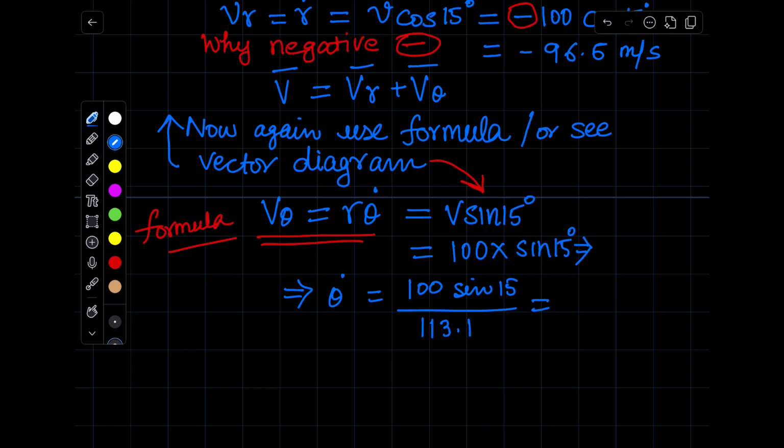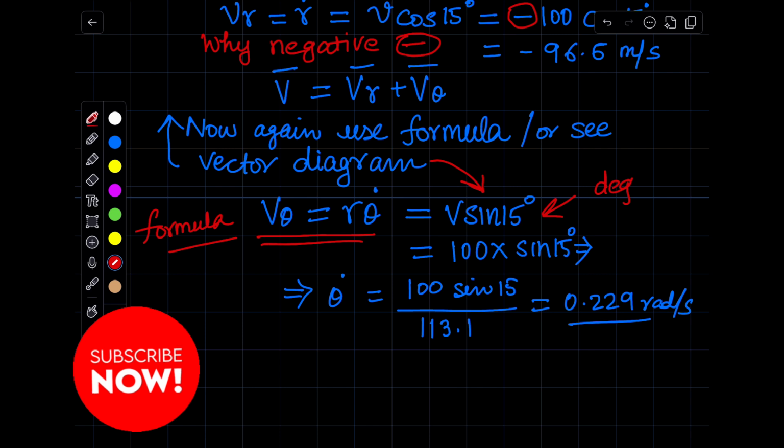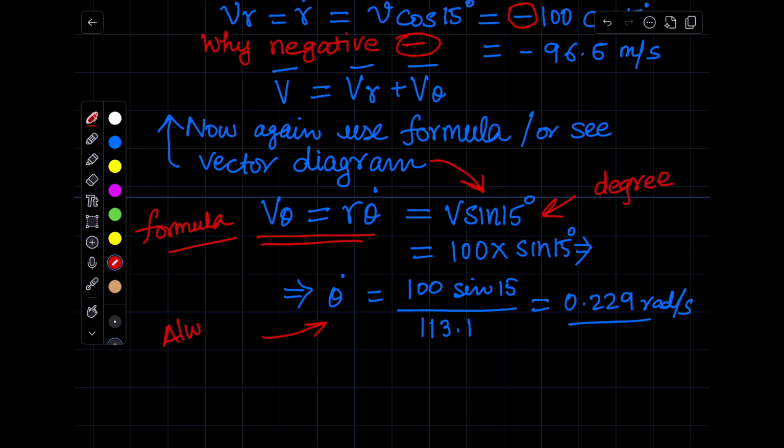So the value for theta dot is 0.229 radian per second. Let me remind you that if you put one dot on theta, it means we are taking one time derivative of it. It means d theta upon dt.